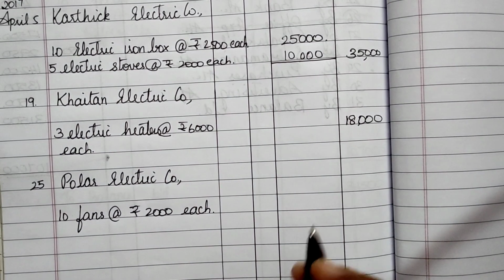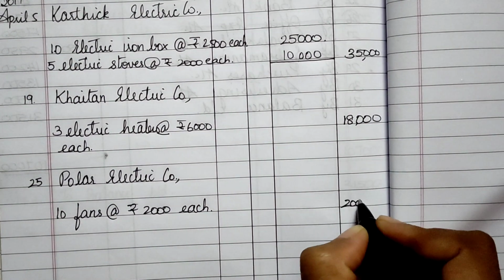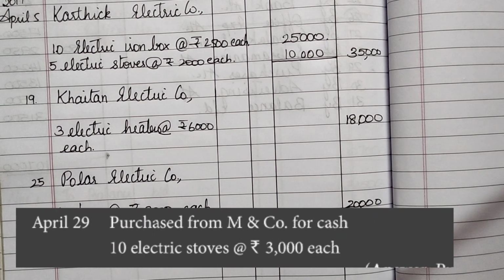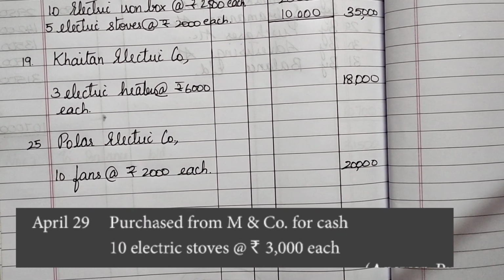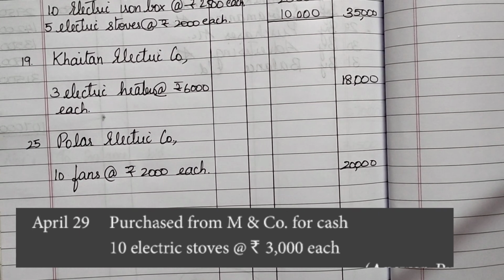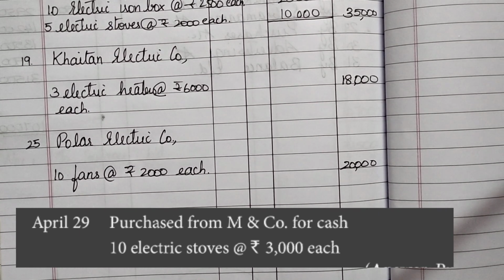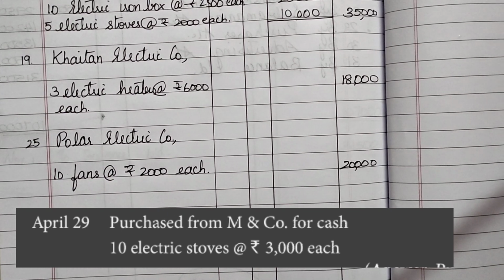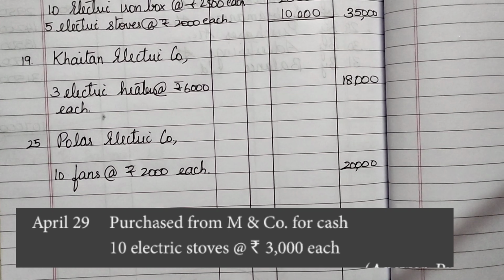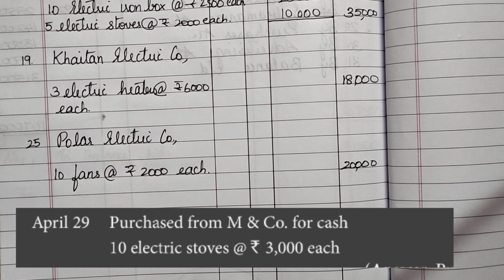Only one item, so multiply it and write it in the outer column, that is 20,000. Next, on the 29th, purchase from M & Co for cash, 10 electric stoves. First thing, it's for cash. Cash transactions don't come in a purchase book or subsidiary books one, so this transaction will not come.